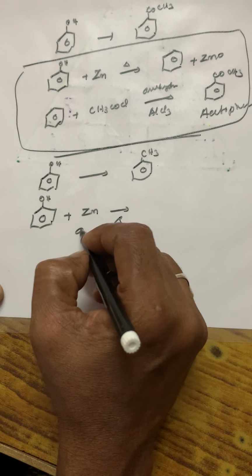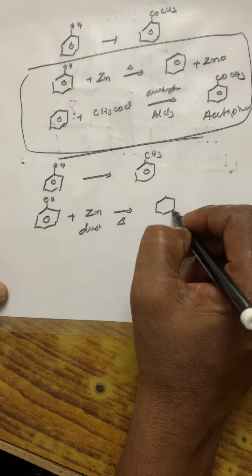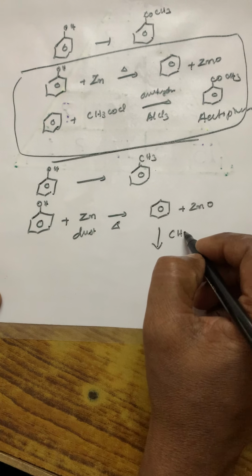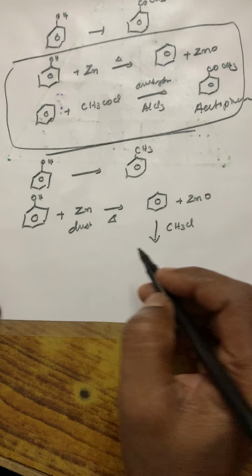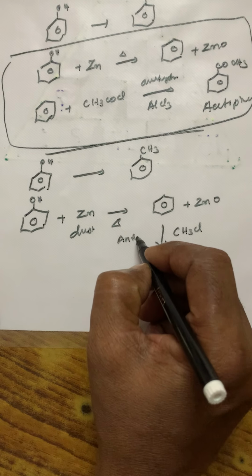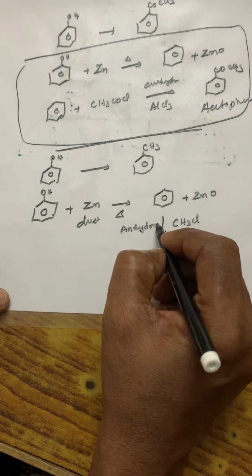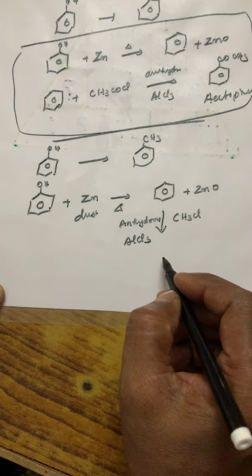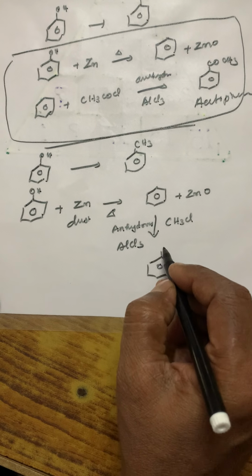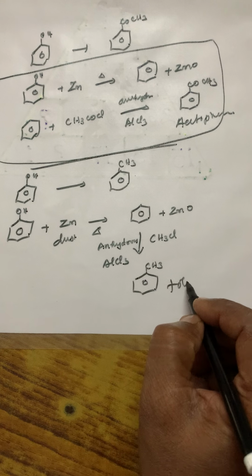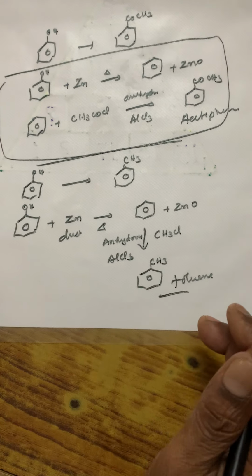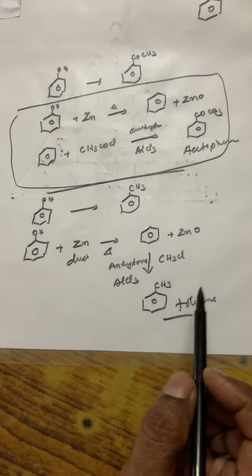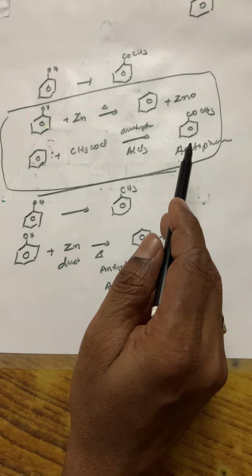We get benzene. Benzene reacts with methyl chloride in the presence of anhydrous AlCl3 or FeCl3. It gives CH3, this is toluene. This is not a preparation of ketone, but this will be asked in conversions. How do you convert phenol to toluene? How do you convert phenol to acetophenone?